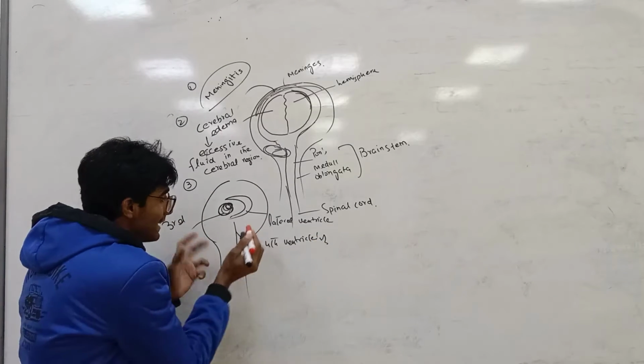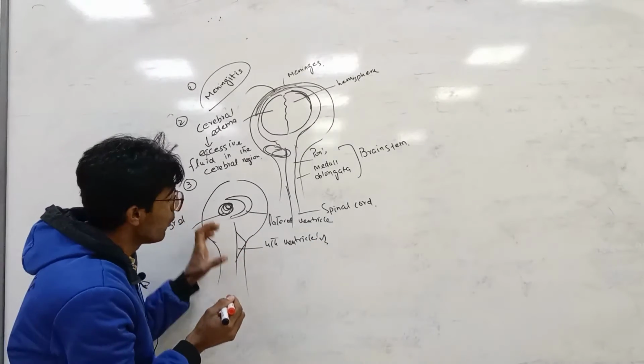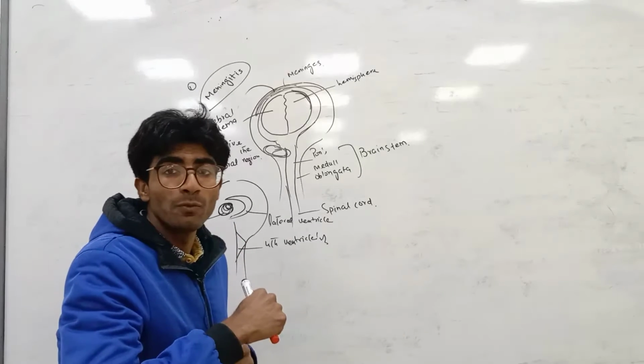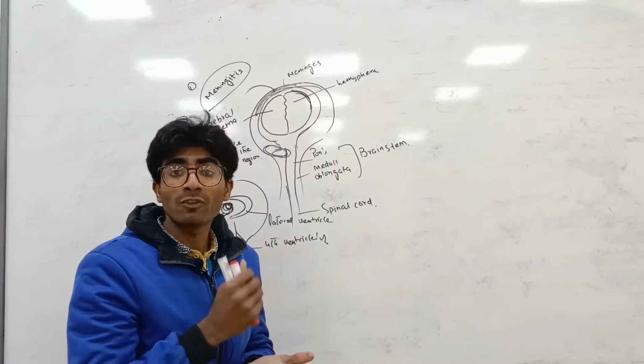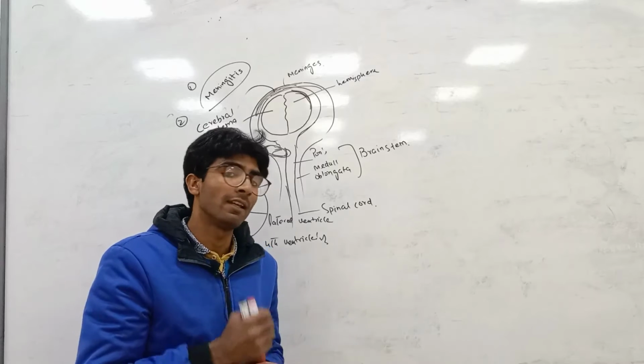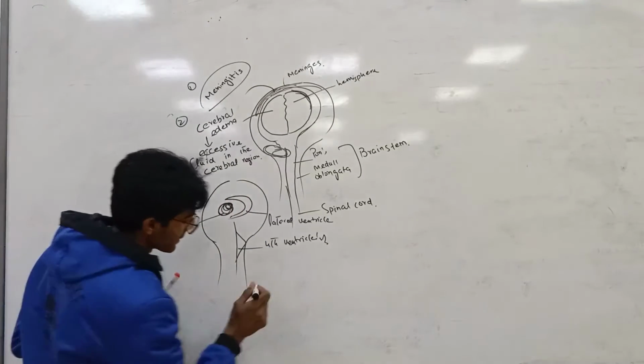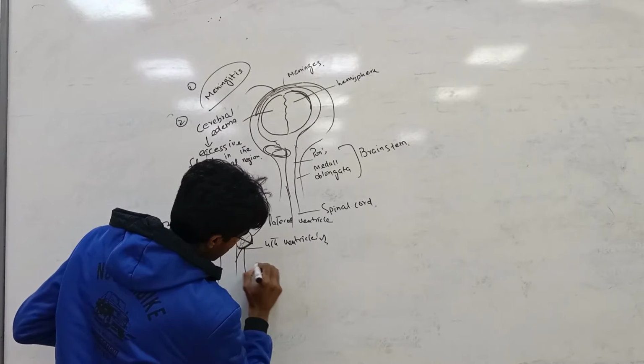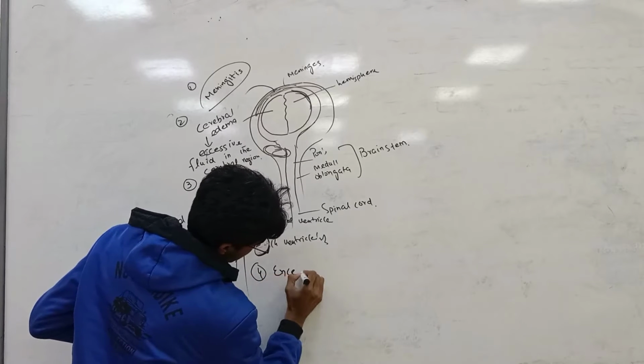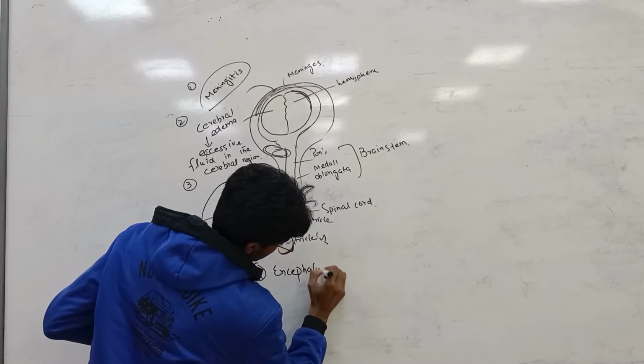When in the ventricles excessive fluid, which is cerebrospinal fluid, increases in level, this is known as hydrocephalus.